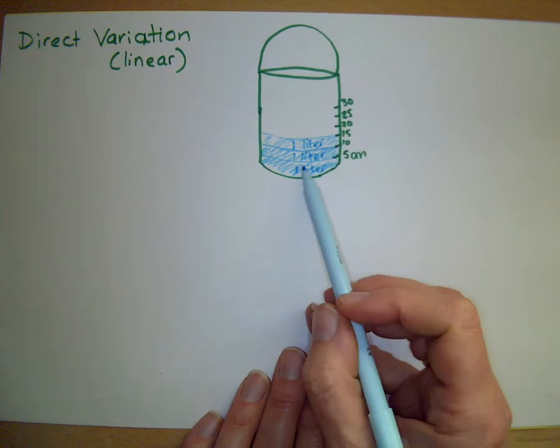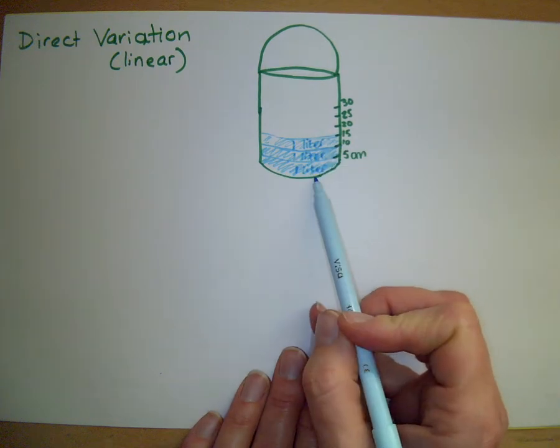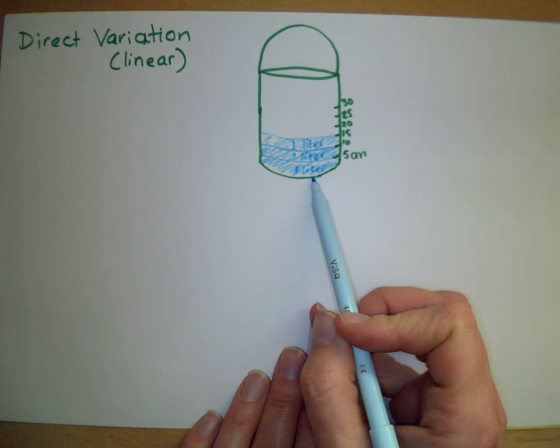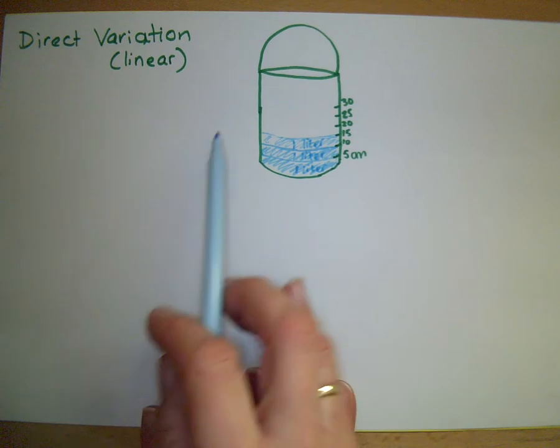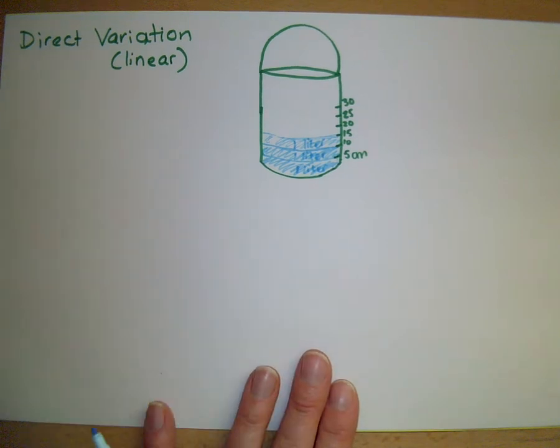So the liters and the water level are in a relationship that we call direct variation.